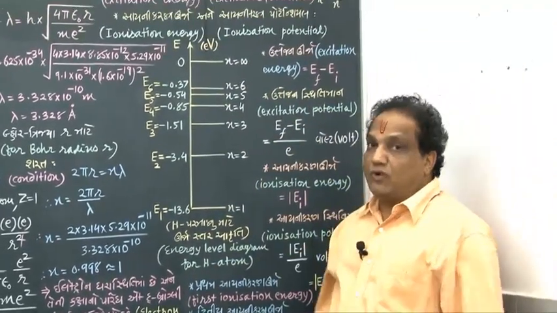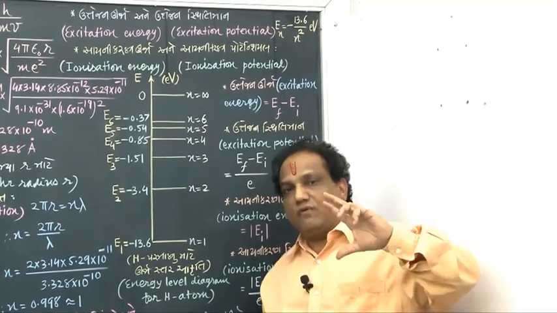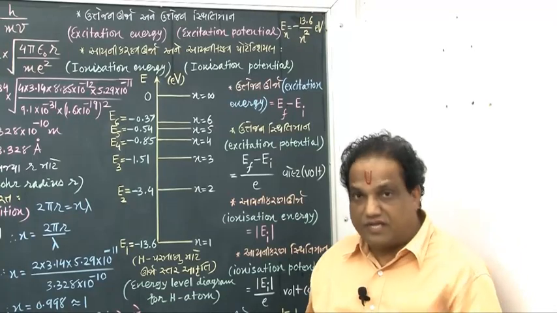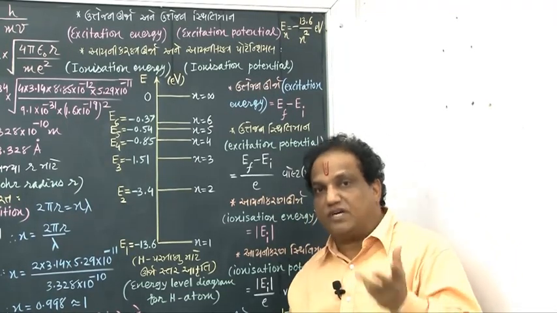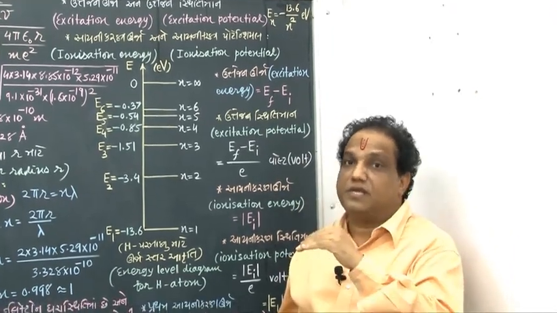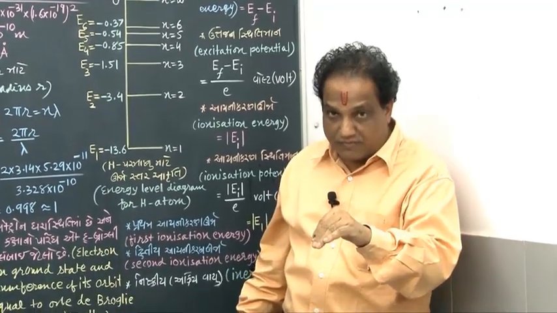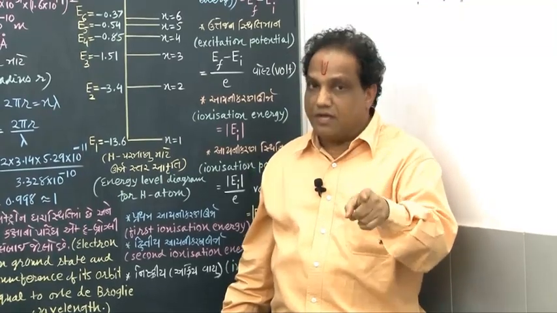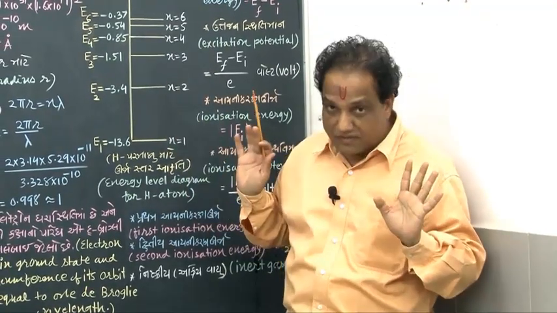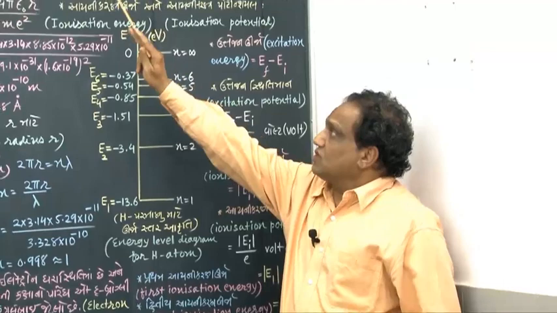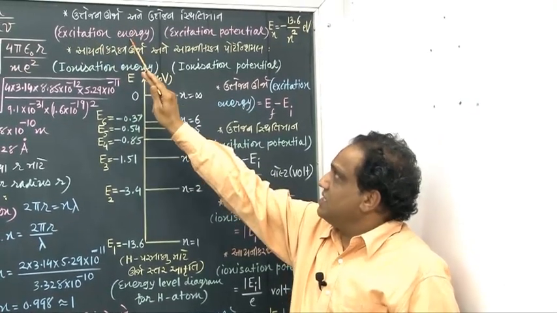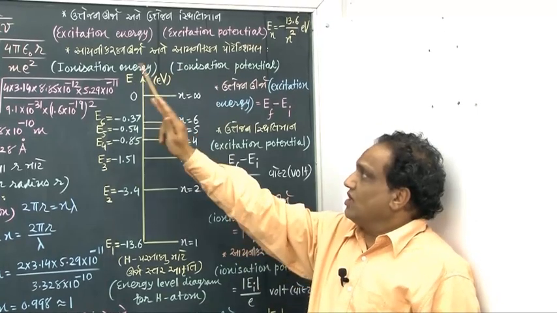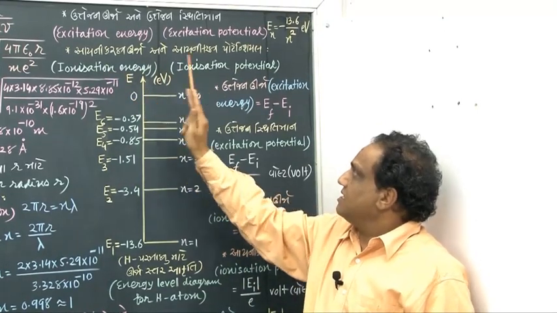Now, very good article. From the textbook description, you may not understand that much, and the important formulas which are to be utilized in the numericals and the MCQs later on in the same chapter, they have not given in this article, which are essential. Better you try to understand from here. What is called excitation energy? Excitation potential. What is called ionization energy?